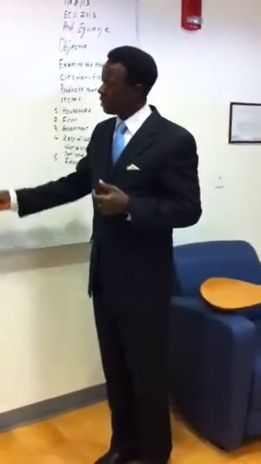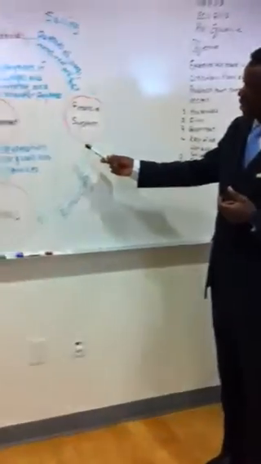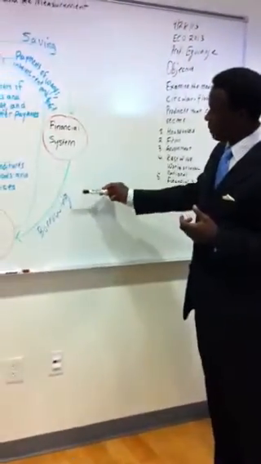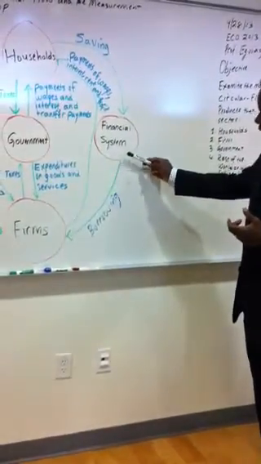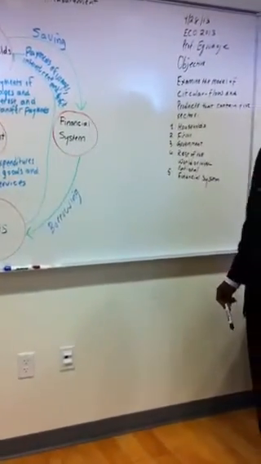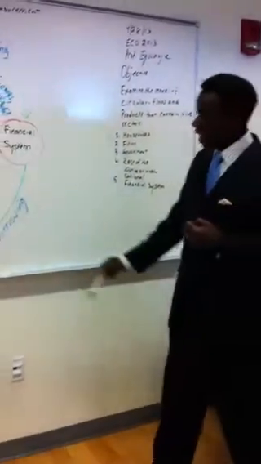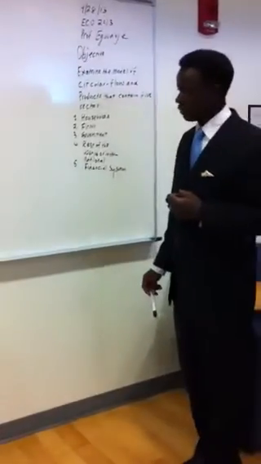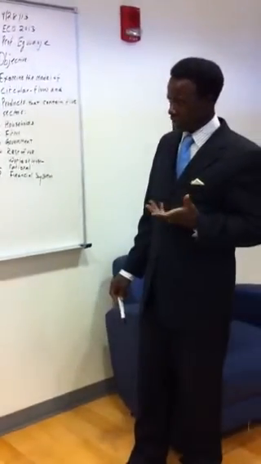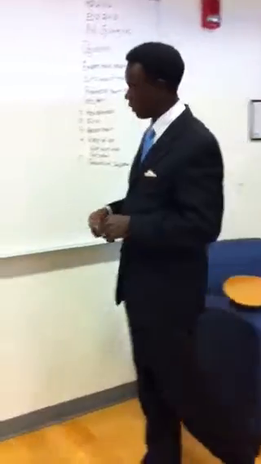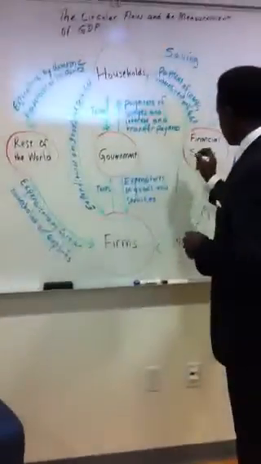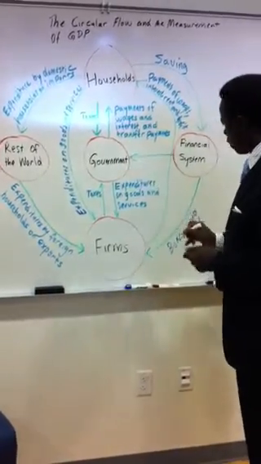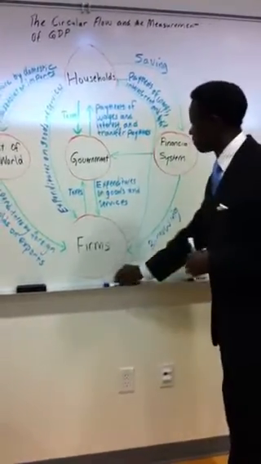And the government does borrow money from the financial system, and firms also borrow money from the financial system. So you can see here that the government borrows money from the financial system.